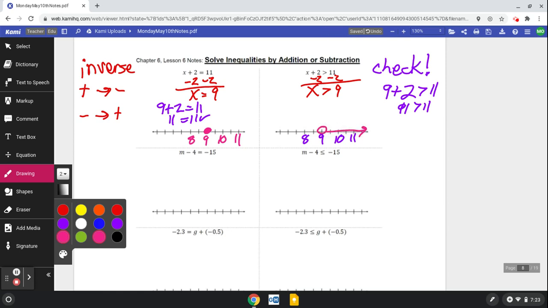So if I used 9.5 plus 2, is that greater than 11? Well, I get 11 and a half. Is 11 and a half greater than 11? Yes. So that does work. Okay, you can check with anything bigger than the one it said.